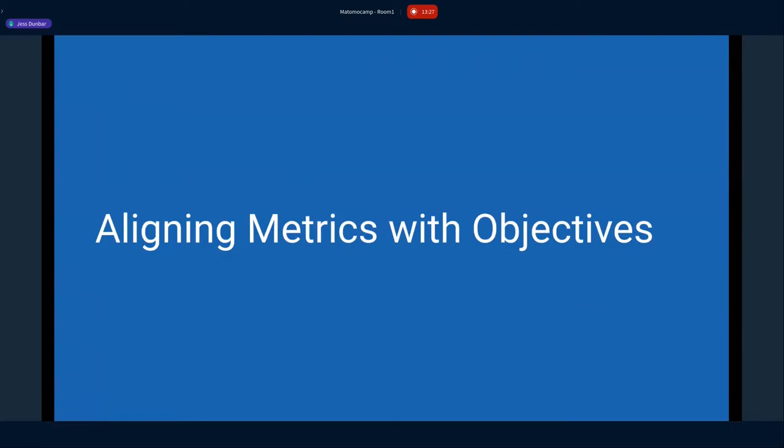Right, so now we're going to align metrics with the goals. To ensure success, it's essential to align metrics with the intranet objectives. Metrics should directly measure the success of each goal, and this alignment ensures that your intranet serves its intended purpose.